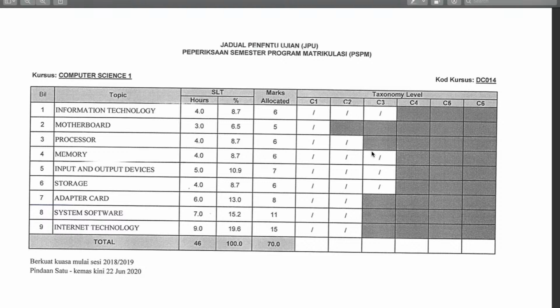Okay, information technology has C1, C2, C3, which is the level of difficulty. C1 means memorize. C2 understood. C3 apply.